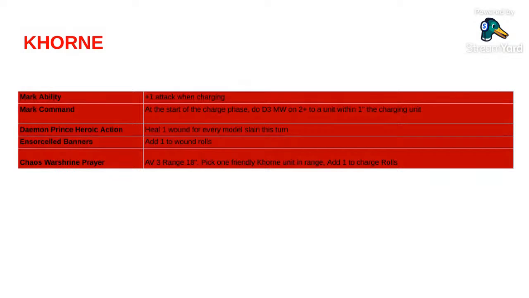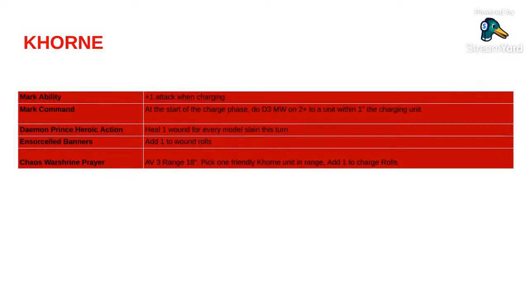So it's a little bit tricky. You've got to set up reliable charges. Thankfully, almost all of your units are getting +1 to charge from their War Scroll. You've got a spell that lets you charge on 3d6. And for the time being, you can also get buffs from a Bloodstoker.